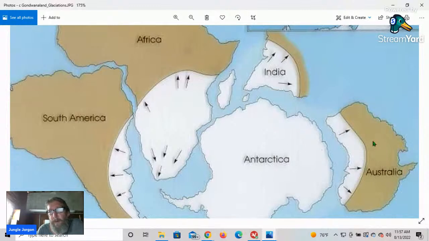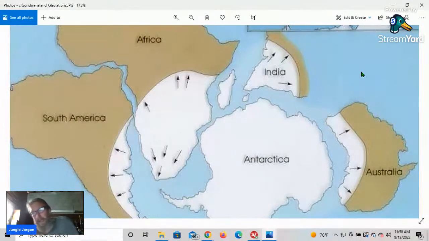And of course, remember on this map, what looks like to the east, that's actually north. What looks like to the west, that's actually north. Everywhere is north. India went north, Africa went north, South America went north, Australia went north, and of course, Asia.